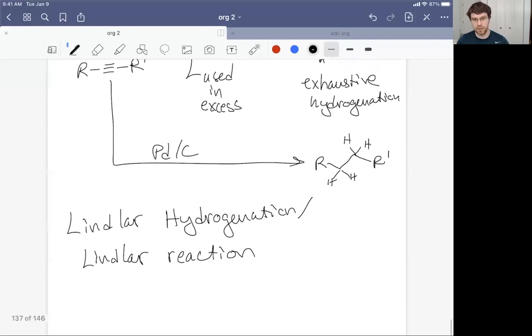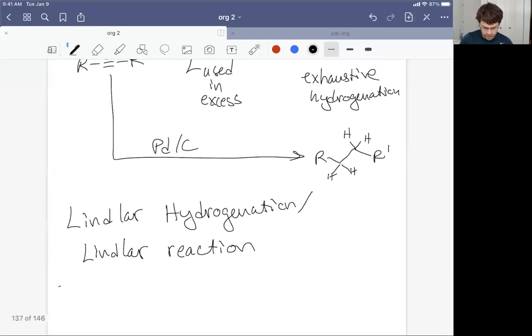So this is called the Lindlar reaction or the Lindlar hydrogenation. And what we do here is we do a partial hydrogenation of an alkyne.